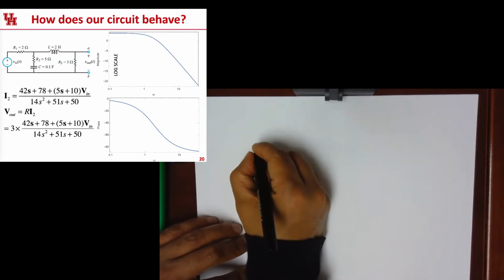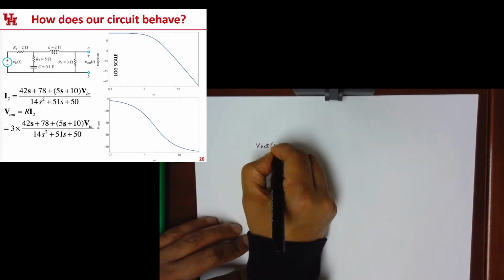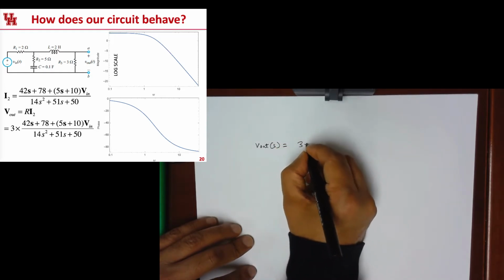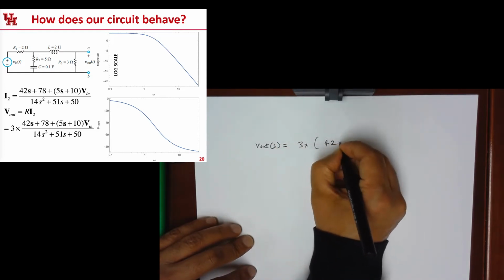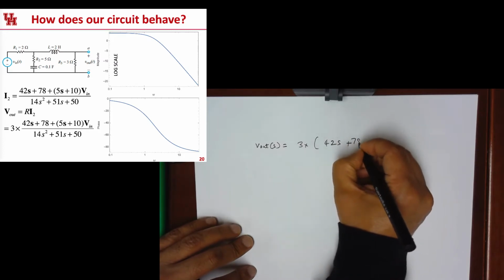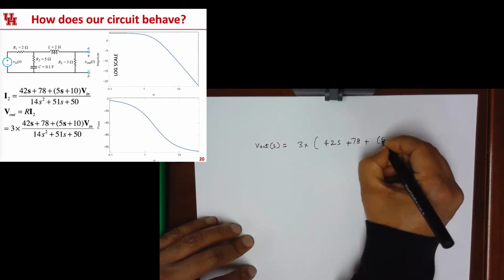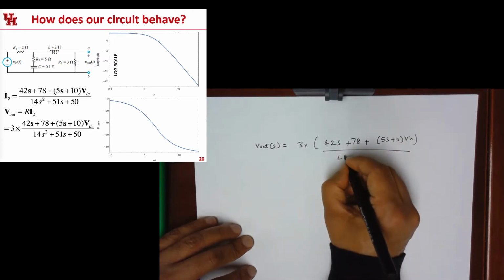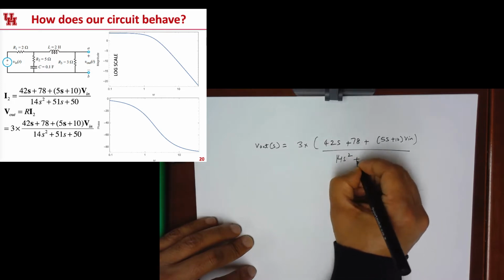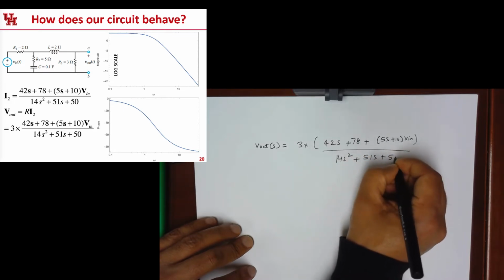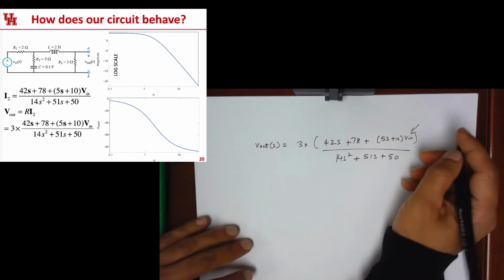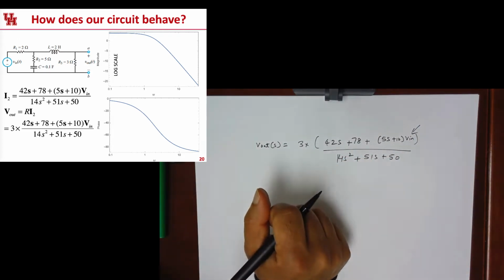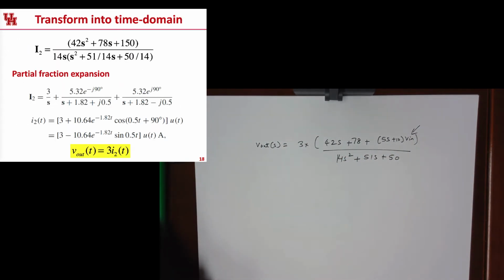V out of s is 3 times (42s plus 78 plus 5s plus 10 Vn) divided by 14s squared plus 51s plus 50. And we also had plugged in this Vn, and we had a value for that on the previous slide. So this is the formula for that.